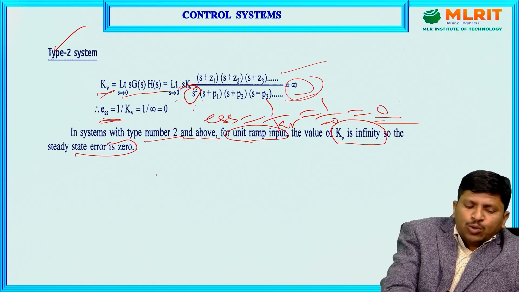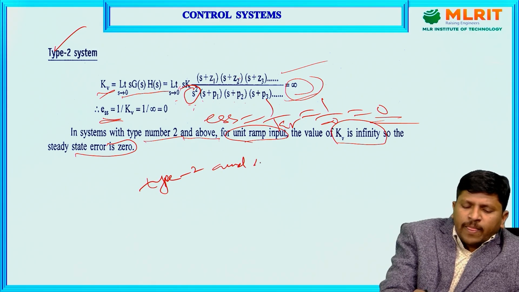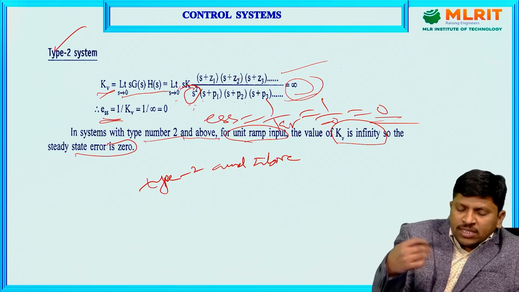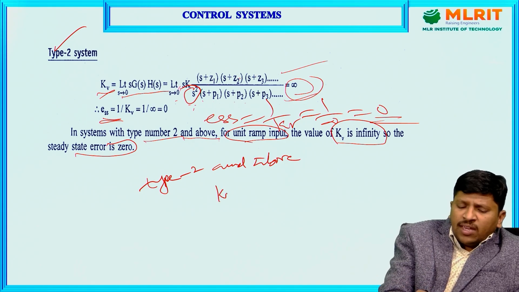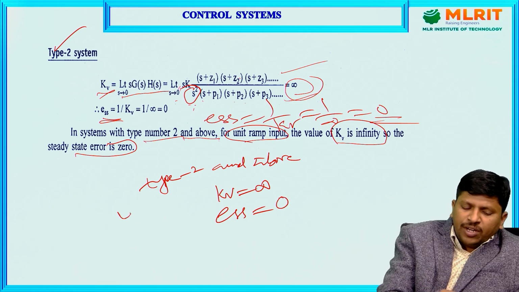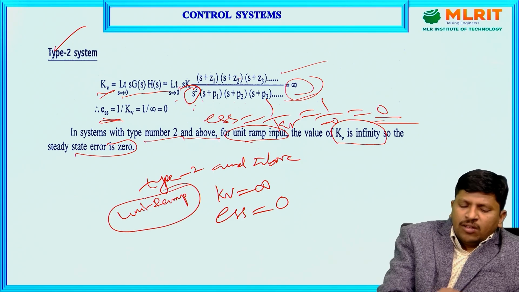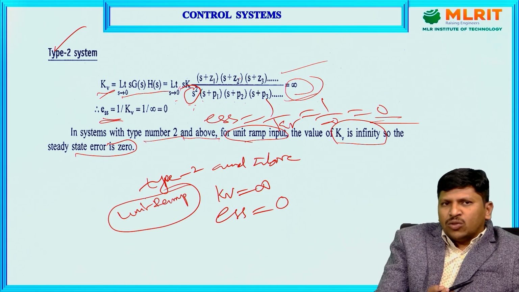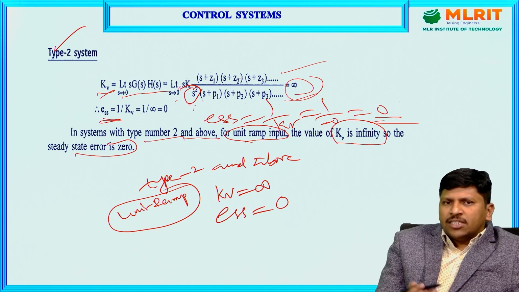So for type 2 and above systems, Kv is infinity and the steady state error is 0. For a unit ramp signal, type 2 onwards, the steady state error is 0.